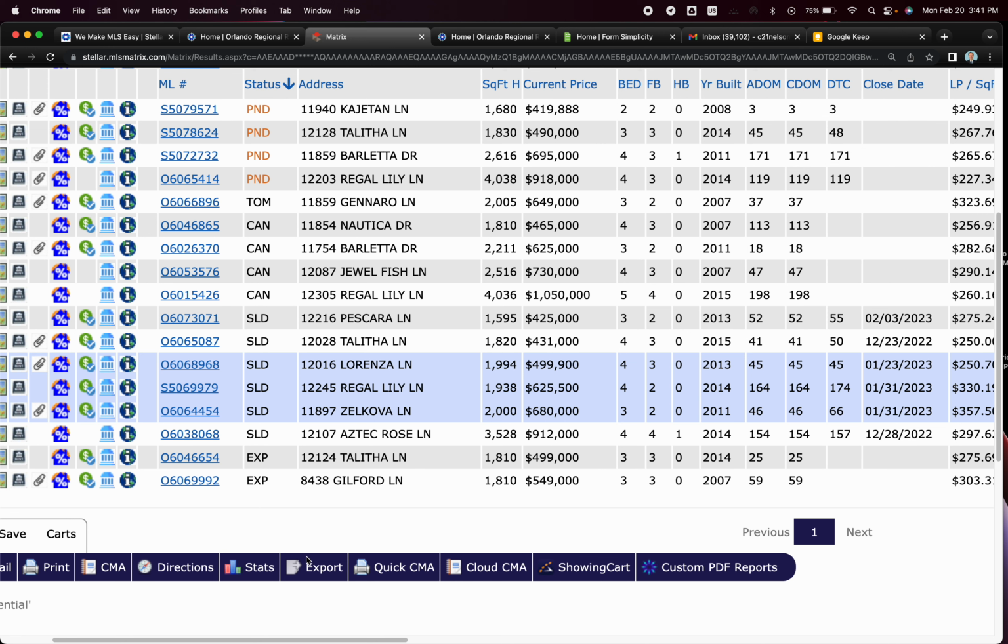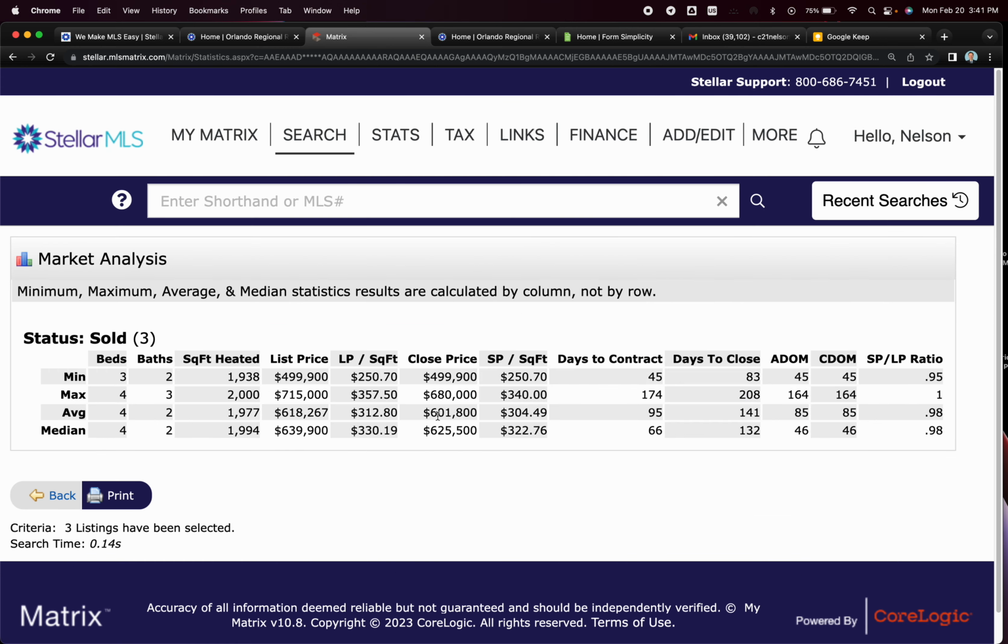So this is it. You go to stats, go to tabular, and this gives you an idea right here. The average price that has sold for that particular home is $304 a square foot. So what is 304 times 1999? It's not answering.